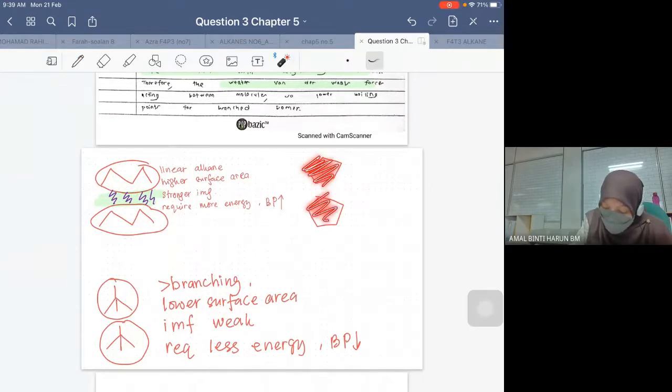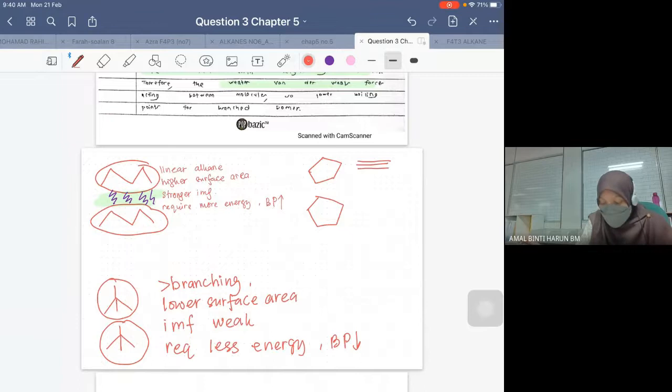So one cyclopentane with another cyclopentane, dia akan duduk dan stack yang macam ni. Ni sekeping cyclopentane, ini sekeping cyclopentane. Ni cyclopentane yang seterusnya. So dia punya surface area lagi tinggi daripada linear. So intermolecular force dia lagi kuat. Energi yang diperlukan lagi banyak. So boiling point dia lebih tinggi.